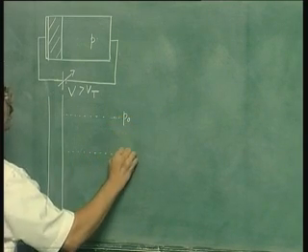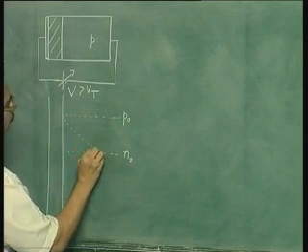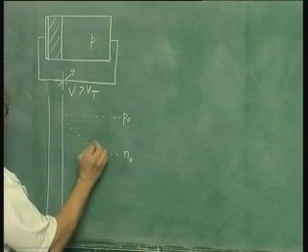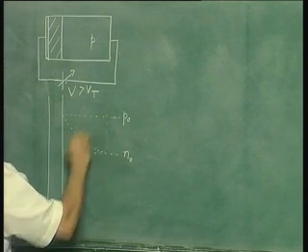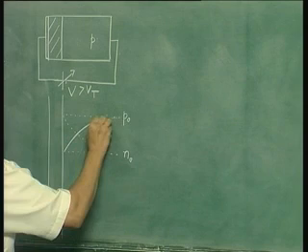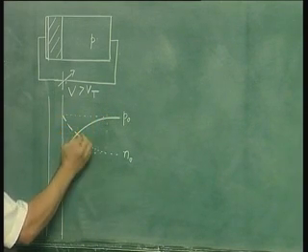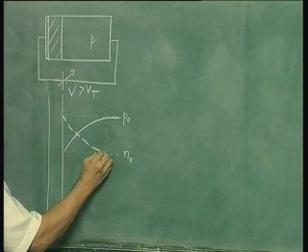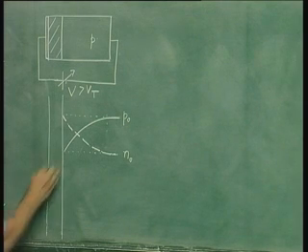This is P naught, this is N naught. So this is the hole concentration, this is the electron concentration at threshold.